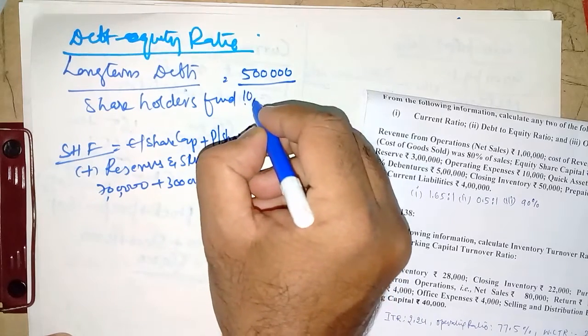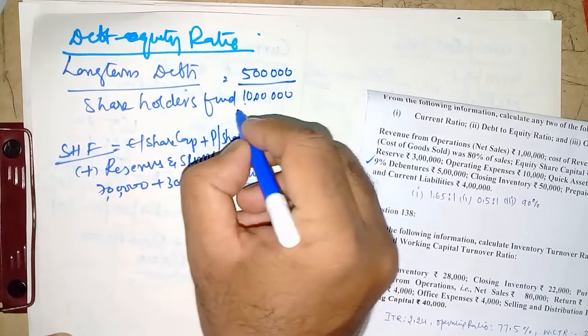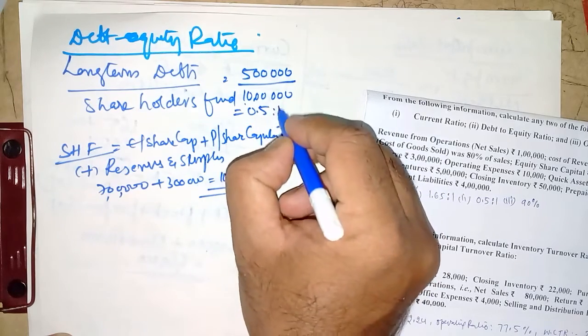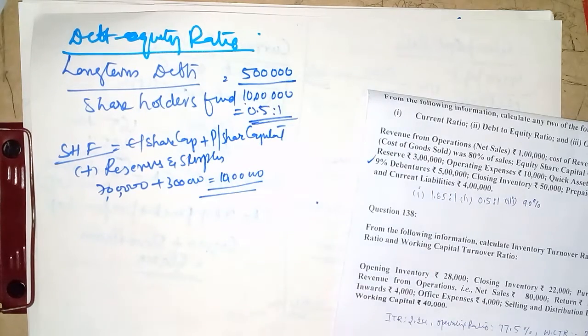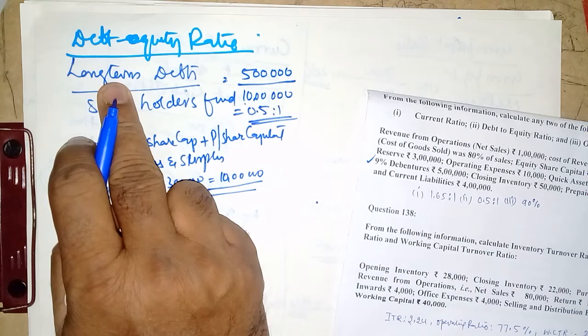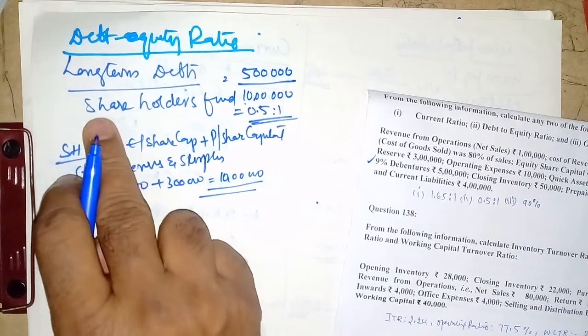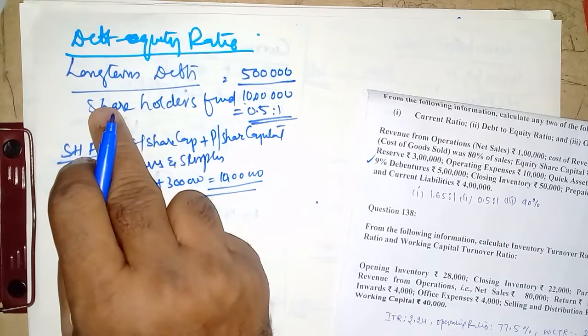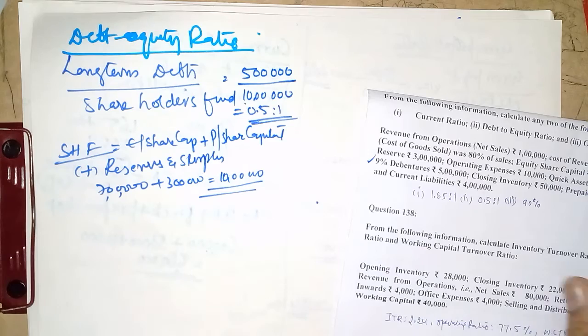So 5 lakhs divided by 10 lakhs is equal to 0.5 is to 1, which will be our ratio. In the sense, what we are trying to explain is that our long term debts are 50% when compared to our shareholders fund. So debt equity ratio is equal to long term debts by shareholders fund.